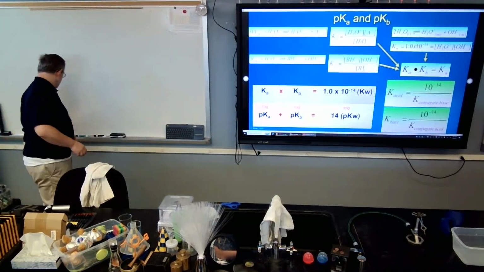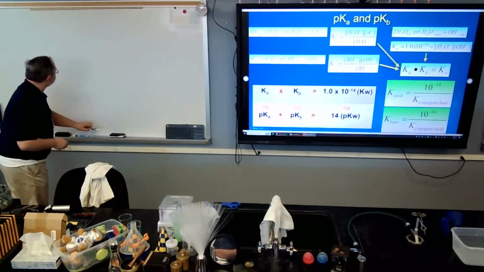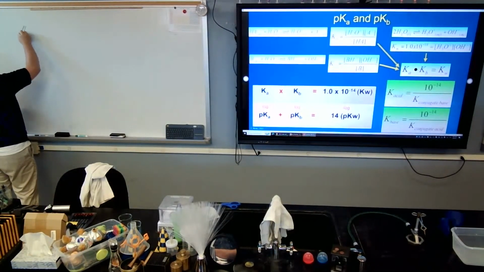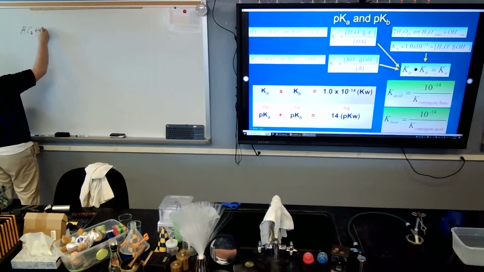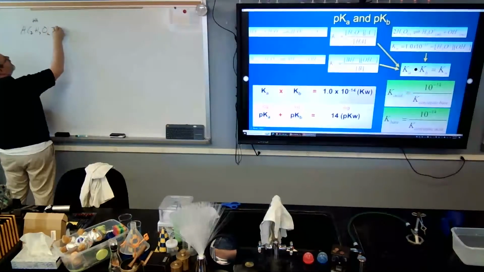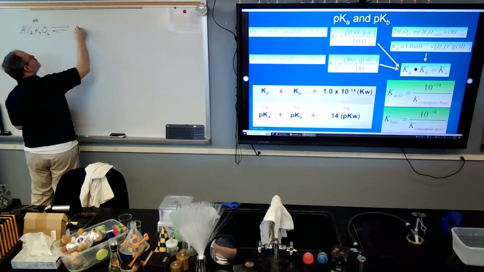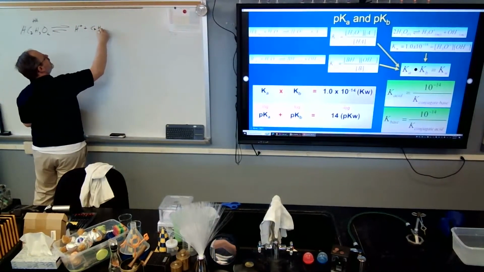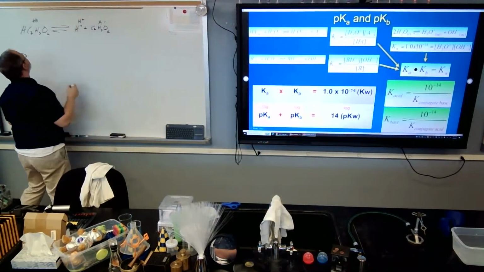For instance, let's say you're going to do a RICE table, and you've got HA, everyone's favorite, acetic acid, in equilibrium with H plus and C2H3O2 minus, this is the A minus, and this is the H plus.